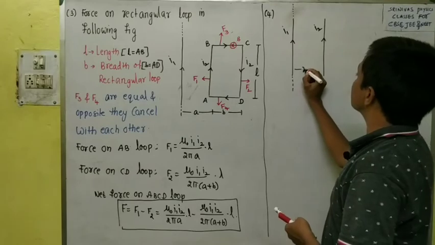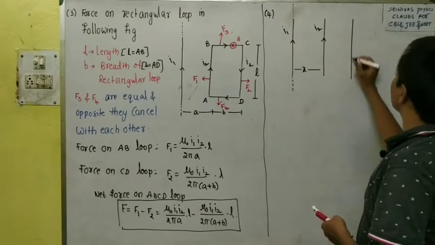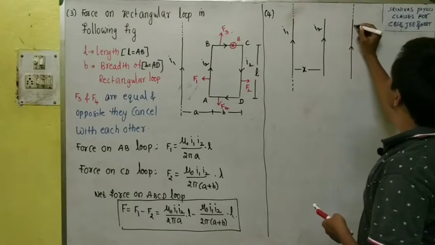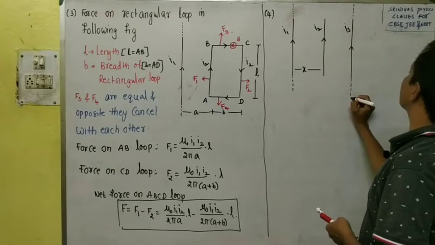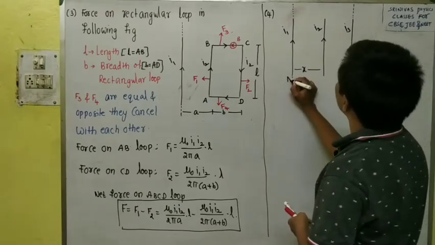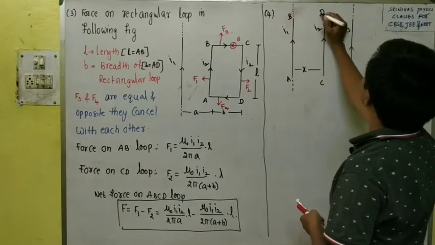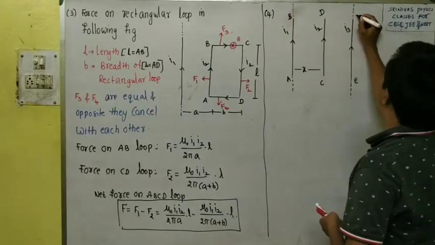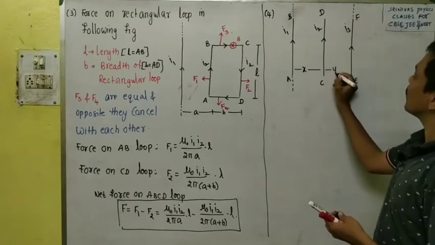This distance is x. And this is the third conductor. It carries I3 current. There are 3 conductors: this is AB, this is CD and this is EF. And this distance we will take as y.